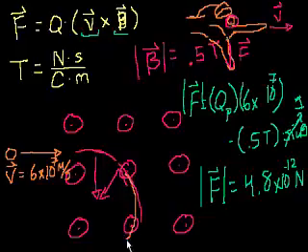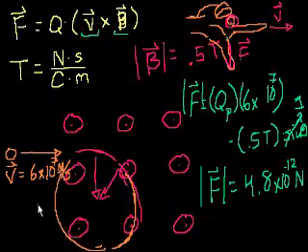As long as it's in the magnetic field, the force applied to the particle by the magnetic field is going to be perpendicular to the velocity of the particle. So it's going to be like a centripetal force on the particle, and the particle is going to go in a circle.